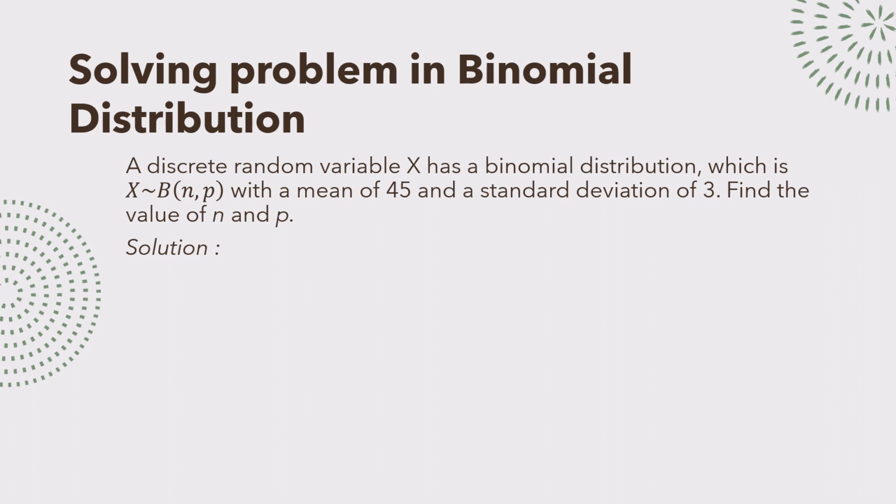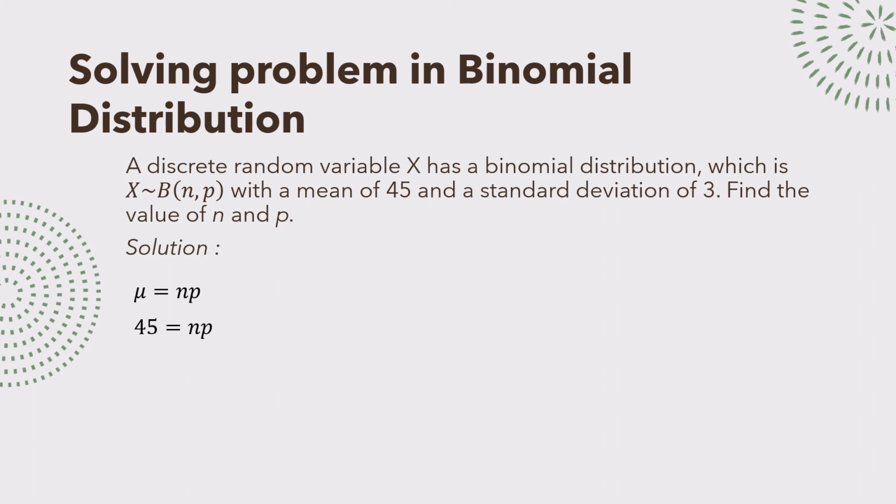Such as this example: a discrete random variable X has a binomial distribution, X ~ B(n, p), with a mean of 45 and a standard deviation of 3. Find the value of n and p. If the mean is equal to np, then 45 equals np. In this example, we have the values of the mean and standard deviation, but we don't have the number of trials and the probability of success.